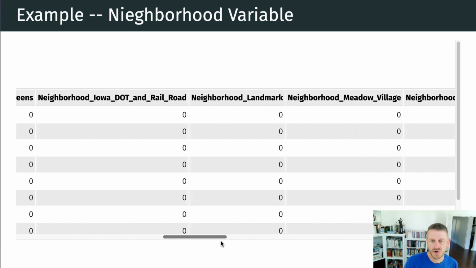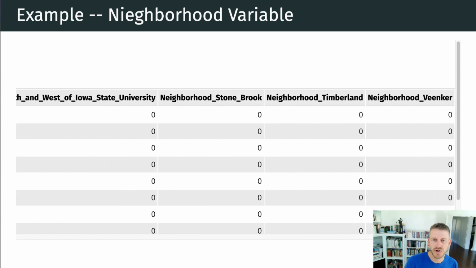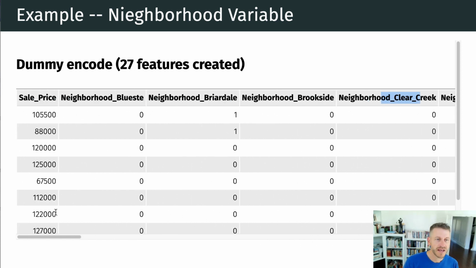You can see this goes all the way across. We created a new column for each unique neighborhood. And then for that given observation, we just put a 1 for which neighborhood it actually is, and all of the other neighborhoods get 0. So when we do this, we actually created 27 new features through dummy encoding.